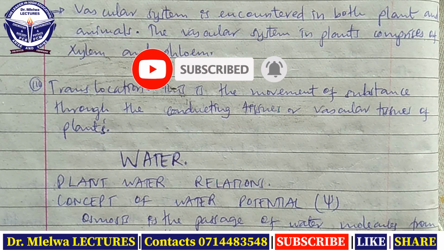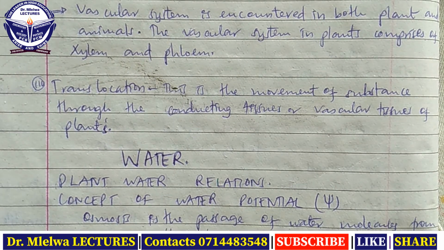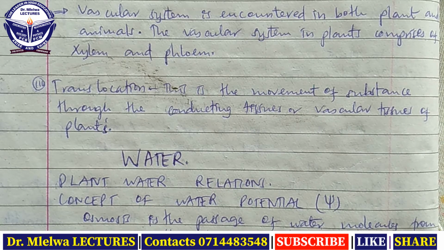And even in some of the questions you can be asked to explain the theories for the translocation of manufactured food, maybe from leaves to other parts of the plants. But sometimes it is regarded only as translocation.